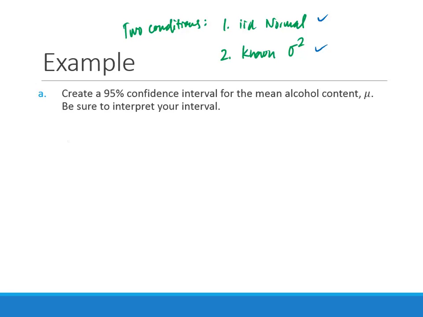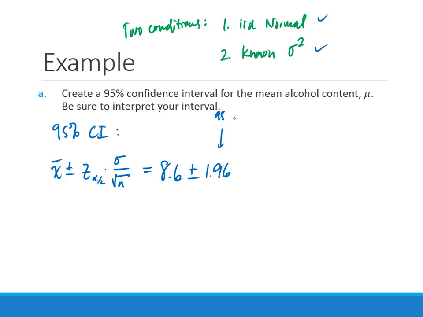Then my 95% confidence interval is as follows. I take the sample mean x bar plus or minus z sub alpha over 2 times sigma over the square root of n. My sample mean was 8.6. For 95% confidence, z sub alpha over 2 is 1.96. Then I multiply that by my standard deviation.